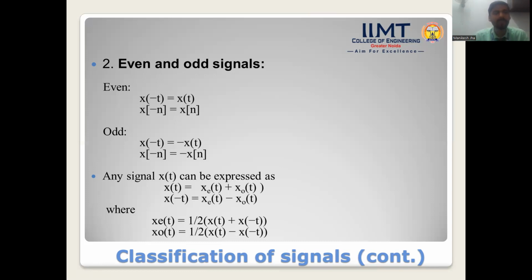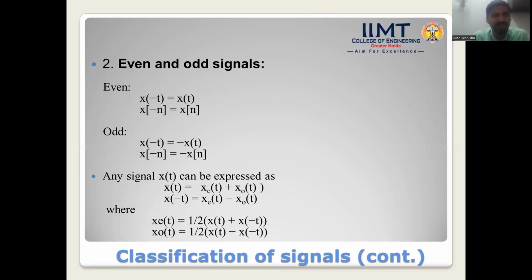Any signal x of t can be expressed as a combination of an even signal and an odd signal. So x of t equals x e of t plus x o of t, where x e of t is the even part of x of t and x o of t is the odd part.